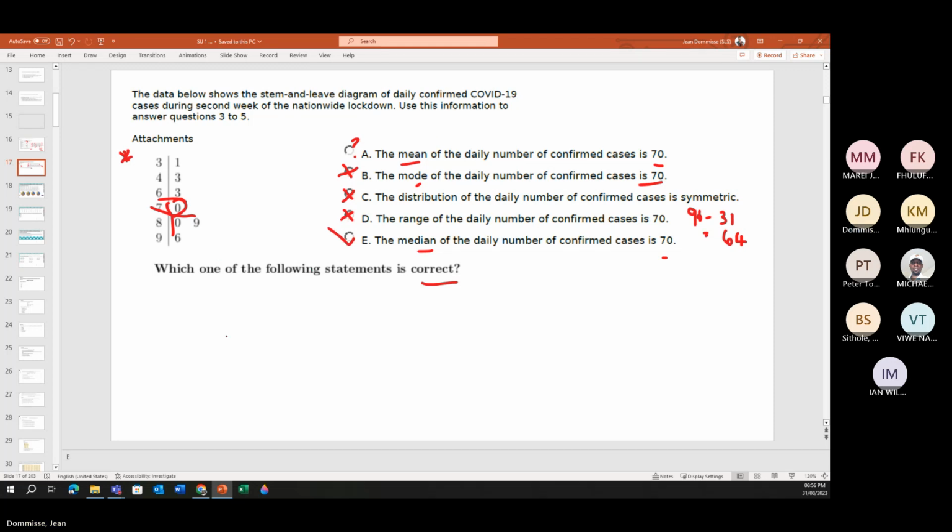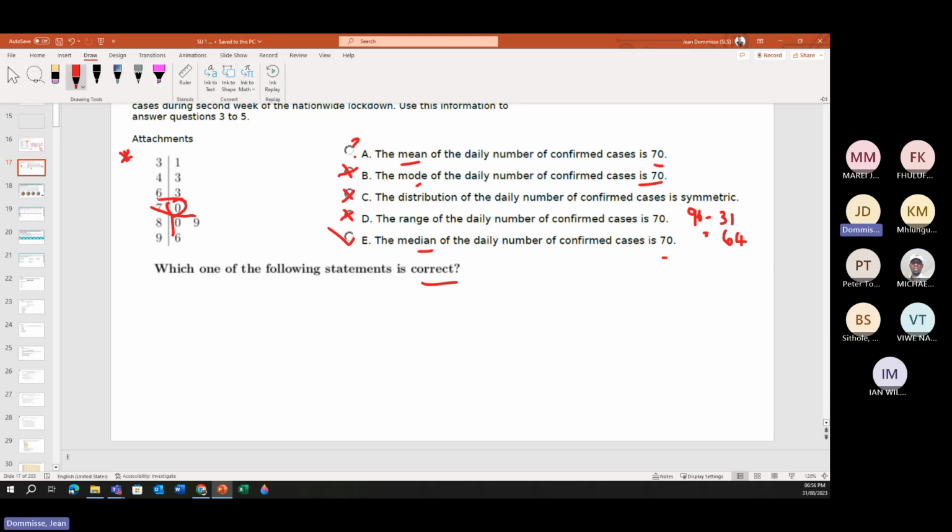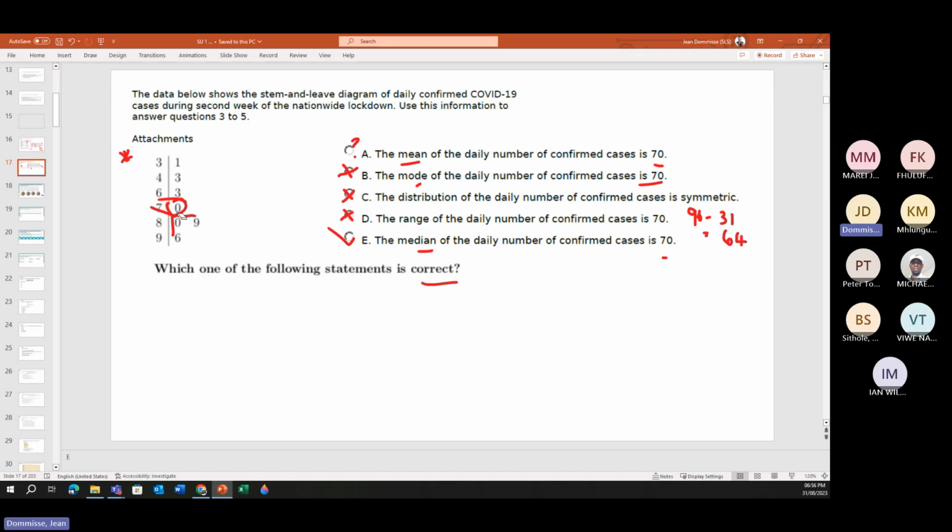So we would have worked it out as the sum of all these numbers divided by the total numbers. So 31 plus 43 plus 63 plus 70 plus 80 plus 89 and last one plus 96 would have given us the sum of the numbers.